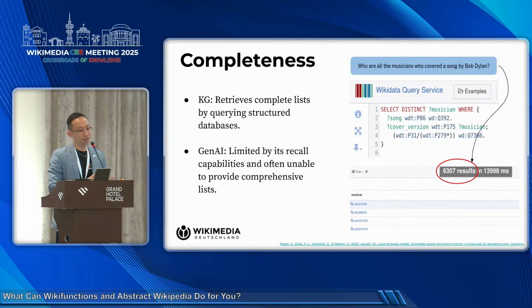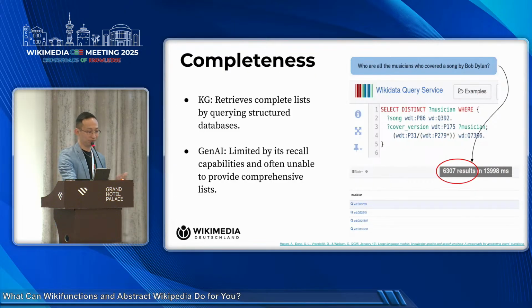Completeness. Knowledge graph retrieves lists by querying structured databases, whereas Gen AI is limited by its recall abilities and is often unable to provide comprehensive lists. So if you make a query on Wikidata, who are all the musicians who covered a song by Bob Dylan, you will see 6,307 results.